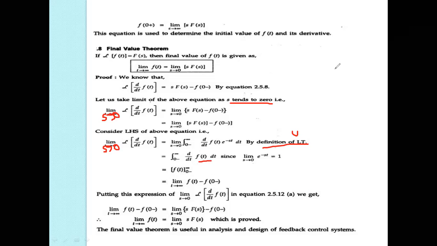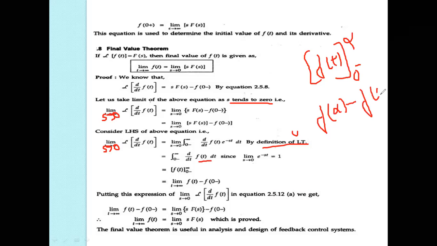Here you can observe that for f of t the upper limit is infinite and the lower limit is 0 minus. Now I am substituting the values, so f of infinite minus f of 0 minus. Got it, my students? This is the LHS. What is the RHS we have?